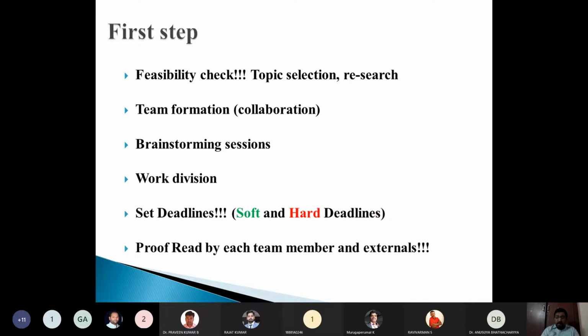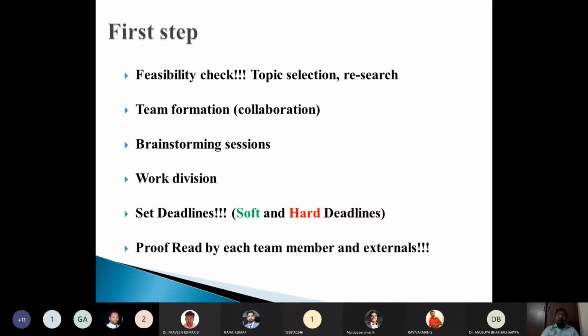And of course, in the brainstorming sessions, you would be able to judge that this particular team member is good in this work, as Dr. Anasuya said, the expertise.